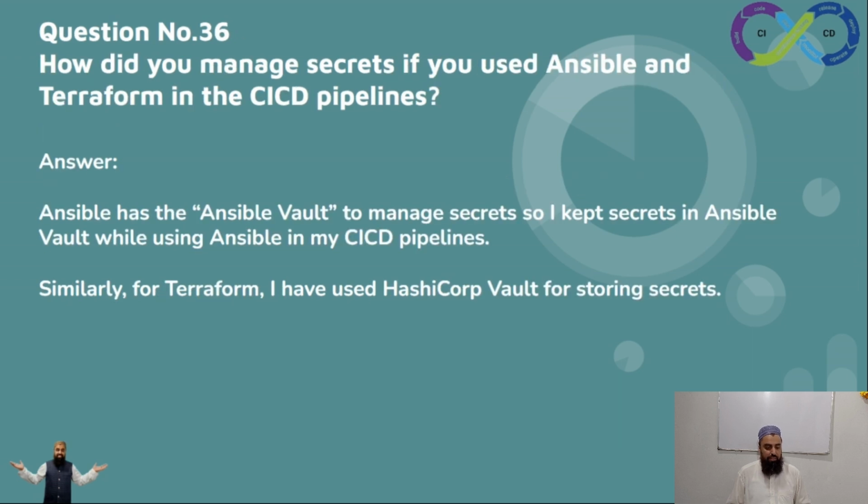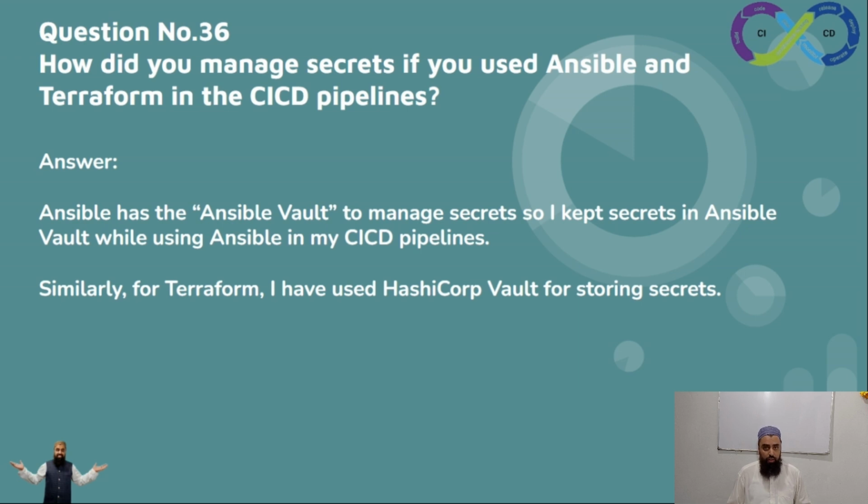Question number 36. How did you manage secrets if you used Ansible and Terraform in the CI/CD pipelines? Guys, these tools are now also frequently being used in CI/CD pipelines. Ansible is for configuration management, and Terraform is infrastructure as code to build our infrastructure on the cloud using Terraform.